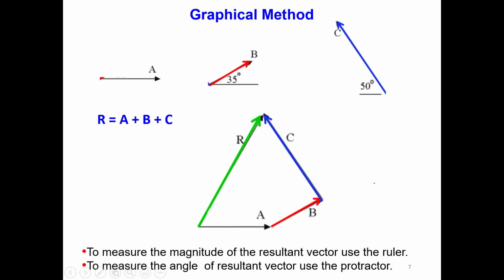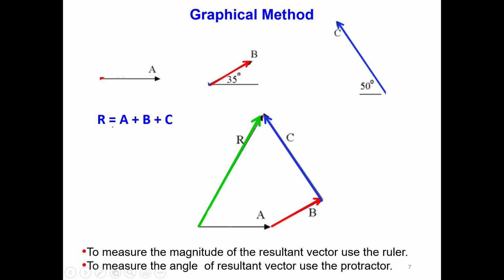And let's review again the procedure. We want to add these three vectors. They are not parallel, they are not anti-parallel vectors, and we need to use the graphical method.